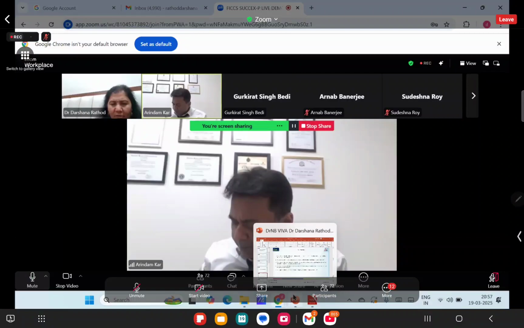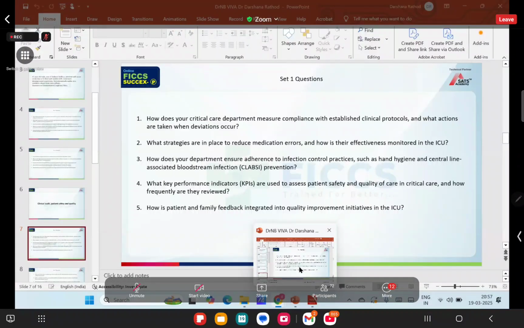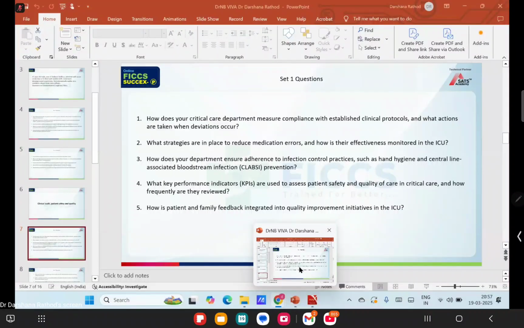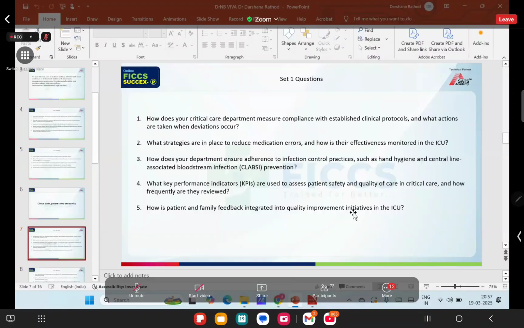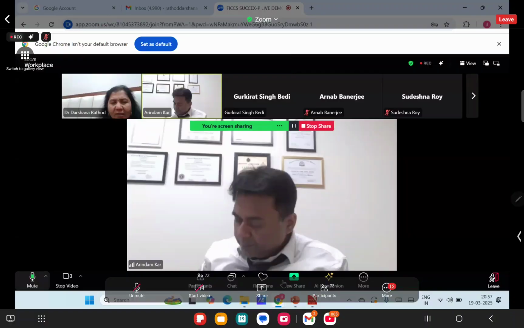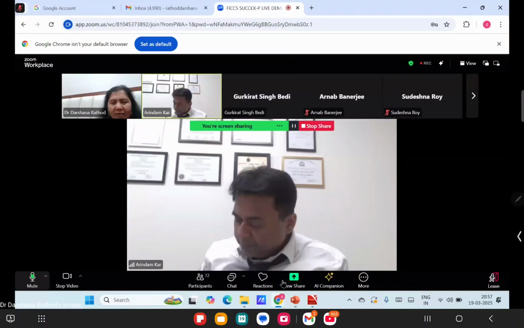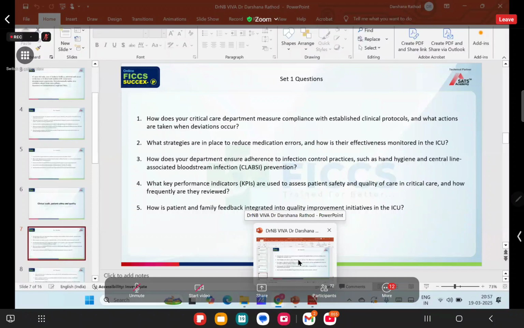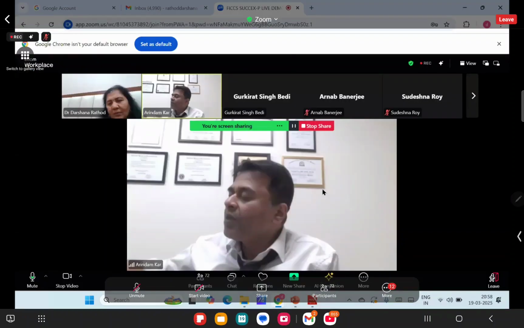Right. So clinical care department measuring the compliance. You were very right when you said that first, check on the VAP bundle compliance, and there is a set of things that they need to do.